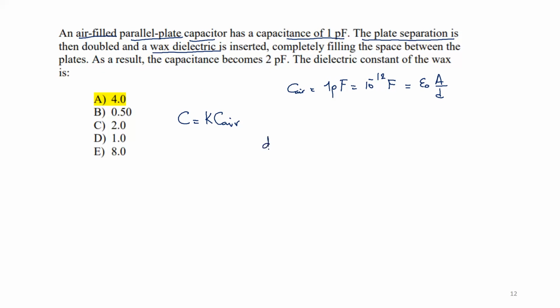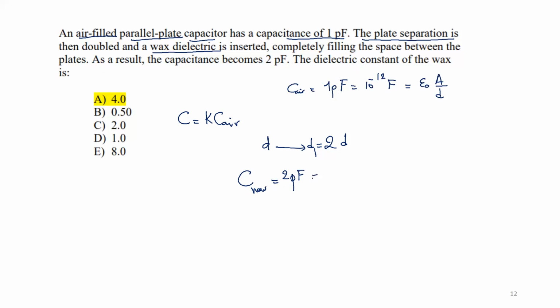So I took D and doubled it: D1 is 2 times D, D being the original distance between the two plates that gave me 1 picofarad. And then I put a dielectric. Now my new C, with wax inside, completely filling this 2D distance, is 2 picofarad. Now the question is, what is the dielectric constant of wax?